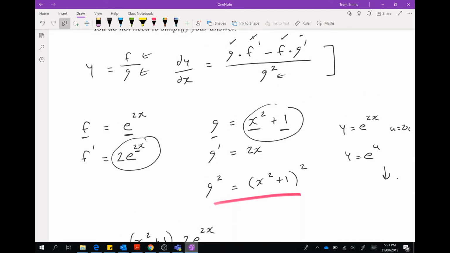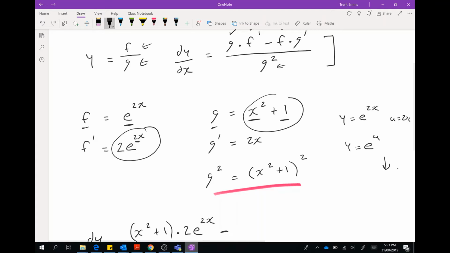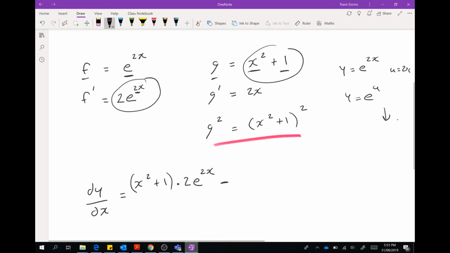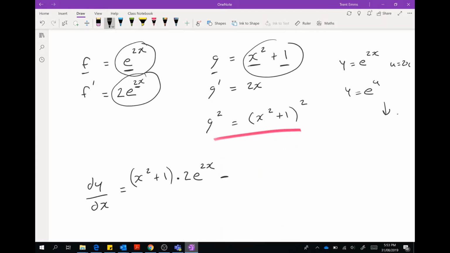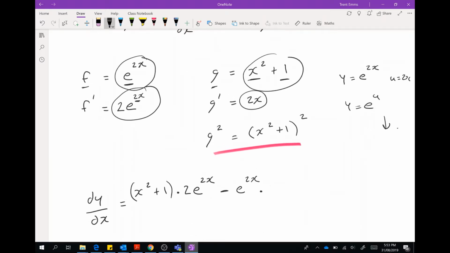Then we've got a minus f, which is that, multiplied by g dash, which is 2x, and that's all over g squared, which is just all of this.